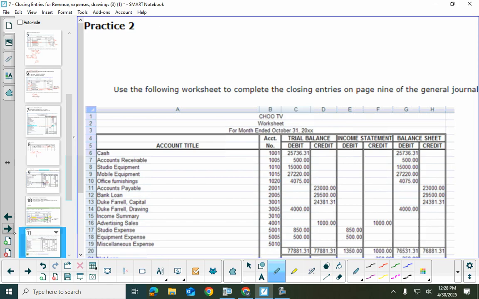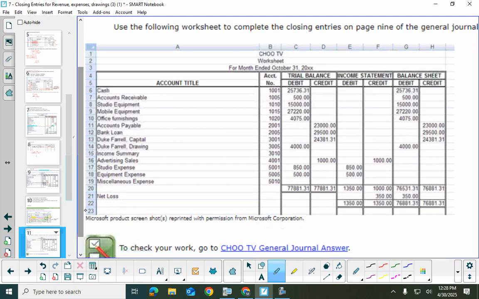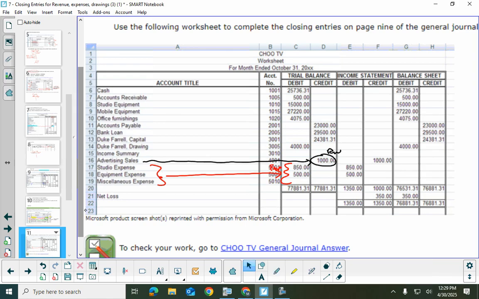Okay, just one more. So, revenue, expenses, drawings, and then the income summary will fall in the middle.